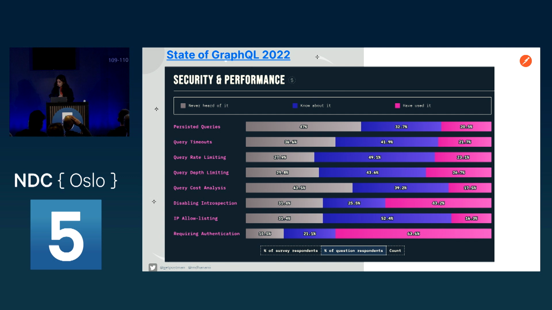There's also query rate limiting and depth limiting, which a lot of people know about, and maybe around 26% of people are actually using in production.